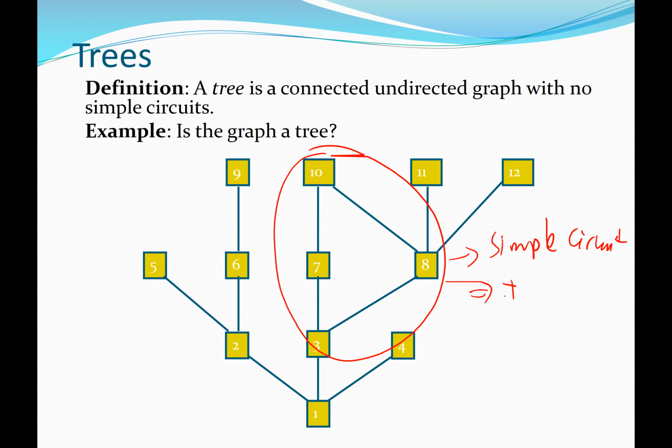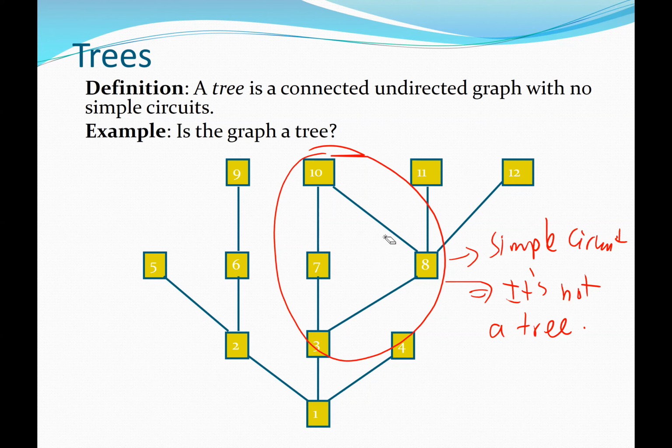So it's not a tree. If you erase this edge right here, everything is still connected and now it becomes a tree. You can remove that edge and it becomes a tree, but without that removal, we don't have a tree.